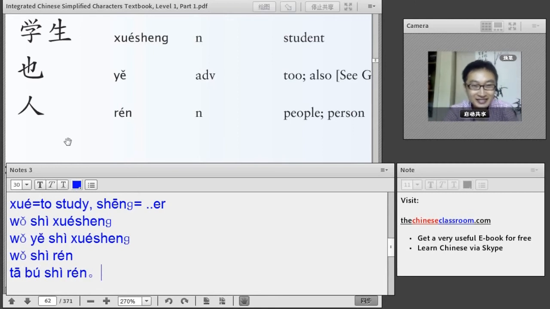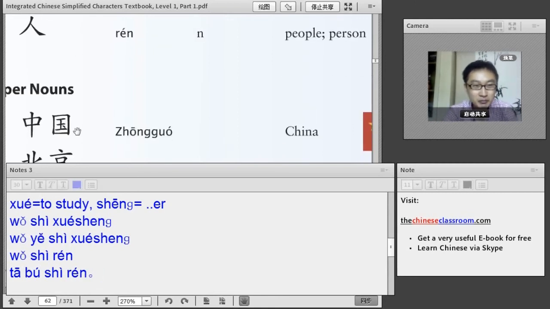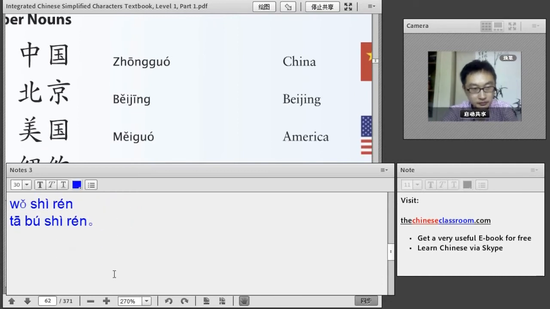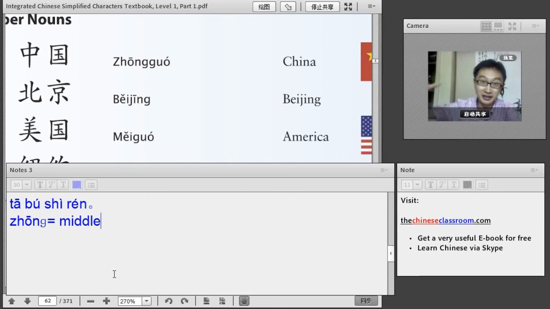Okay. Proper nouns. 中国, China. Word by word still. 中 means middle. We are beginner level. Then you can get to intermediate level, where we will definitely use this character. 中, middle. 国 is country.